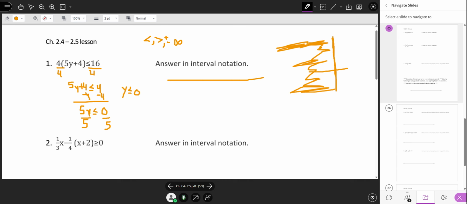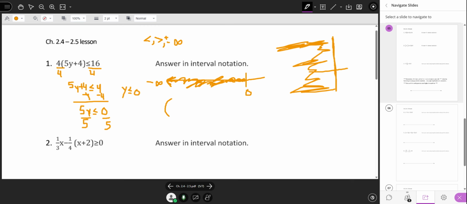On a number line, here's 0. As you go to the left all the way to negative infinity, all of that on a number line to the arrow would be highlighted.